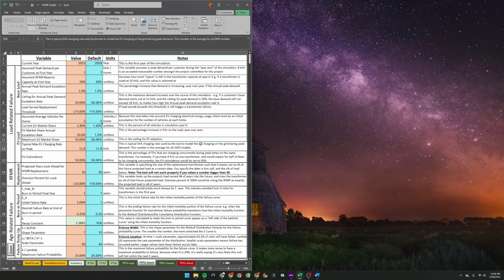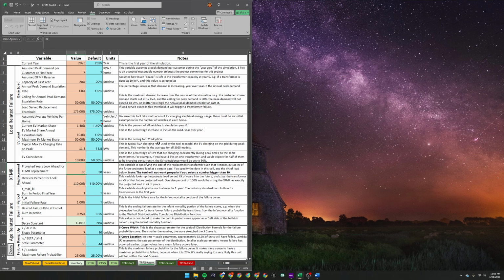For example, if you have 4 EVs on one transformer and would expect half of them to be charging concurrently, the EV coincidence would be 50%. So it's probably more appropriate to model that here, if you implement a charging program or time of use program, it's probably more successful to implement it here.